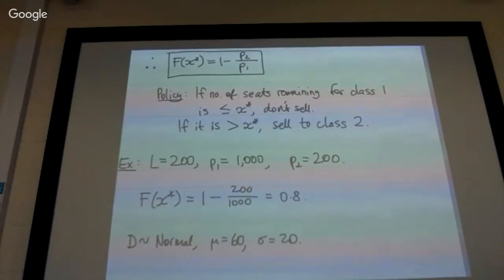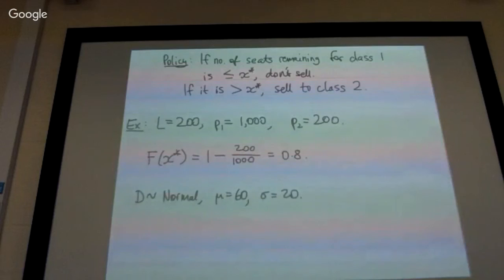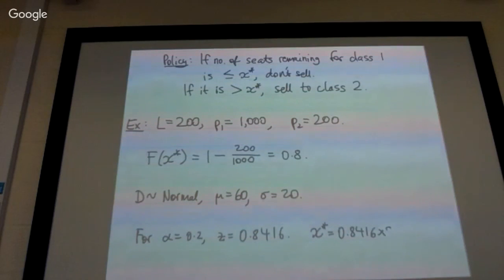So for 0.2, we found 0.8416, and so X star is going to be this 0.8416 times the actual sigma plus the actual mu, which apparently is 76.84.